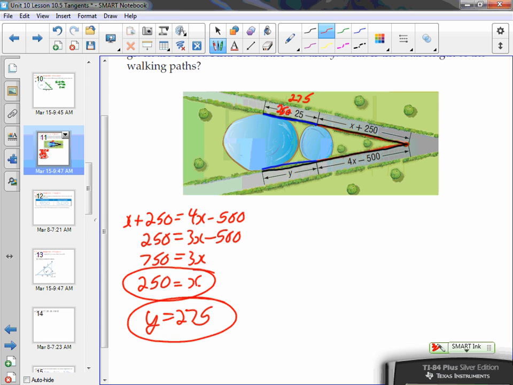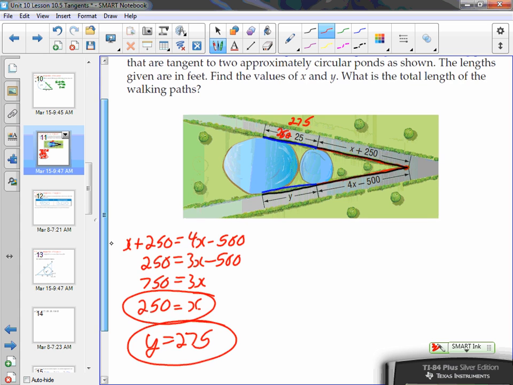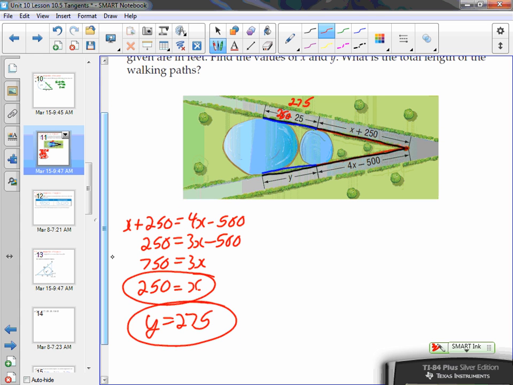Last question. What is the total length of the walking path? Well, look, let's do the top one, the one that goes above the ponds. If x is 250, so 250 plus 250, so from here to here is 500. And then from here to here is 275. So that's 775 for one of them.